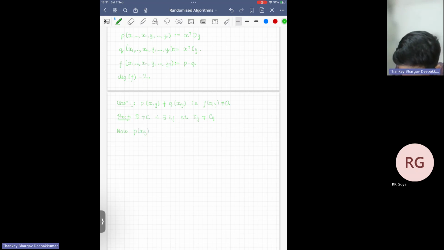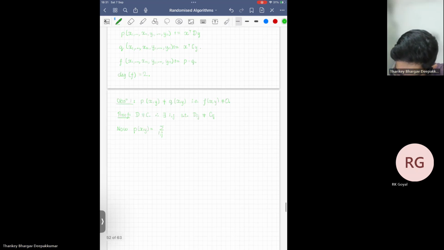Now, P(x, y) is the sum over i, j of xi Dij yj. I won't prove this, but do the usual matrix vector product and you would find out that this value is exactly this.